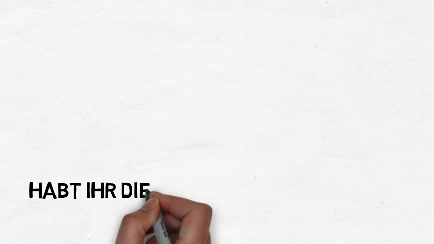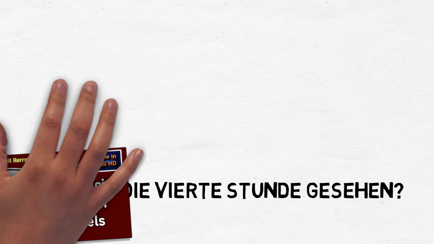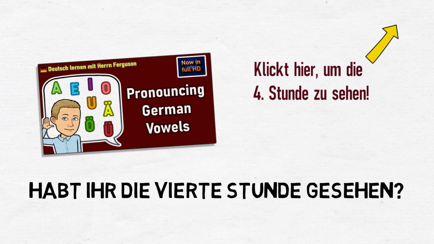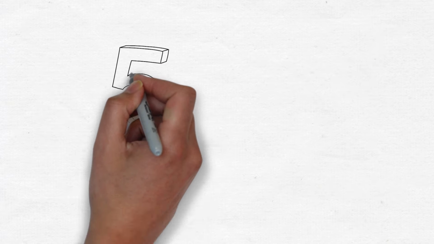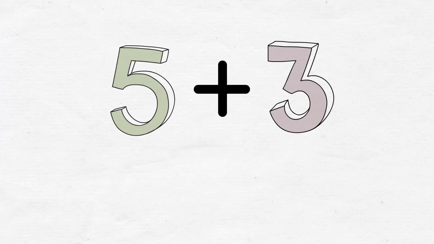First of all, it's worth saying that if you haven't watched the 4th video in this series, Pronouncing German Vowels, the basic pronunciations are covered in that video and are required to understand this video fully. The German alphabet has the same 5 vowels as the English alphabet, but an additional 3 vowels. These are easily spotted due to the umlaut, the 2 dots hovering above the letter.